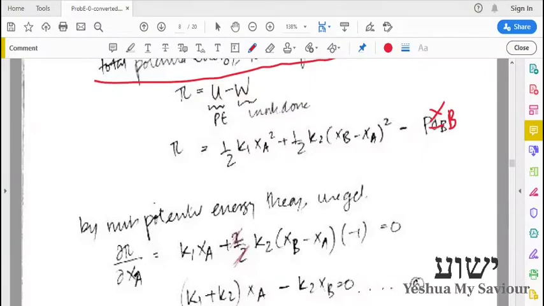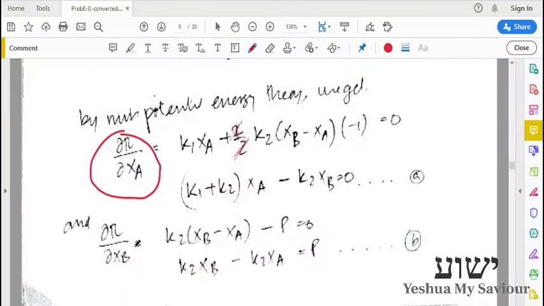Okay, so in each case, each deflection should give a minimum value. So for that, we just differentiate pi with respect to xa and pi with respect to xb. So this will represent the minimum value for each of them.